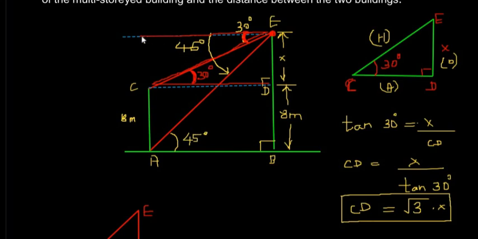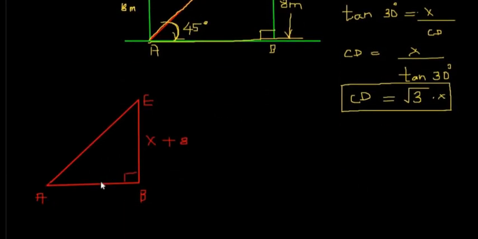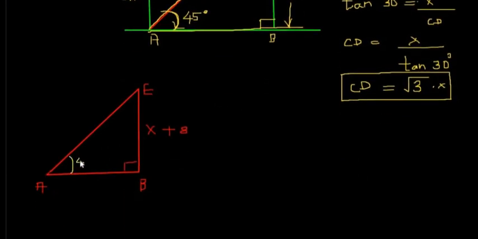That is because if you see from the line of sight, it is making a Z angle over here. So this angle is 45 degrees, hence this angle is going to be 45 degrees as well. That is why we are going to mark here as 45 degrees.